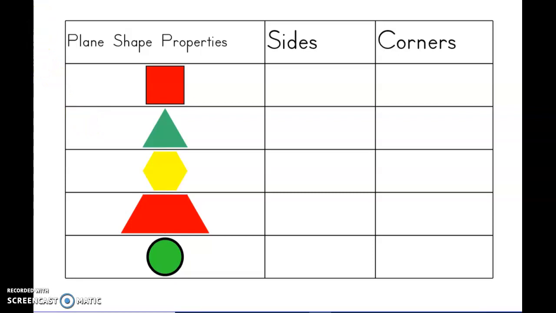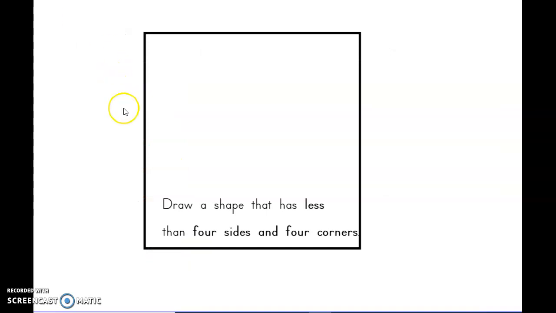Then you'll notice there are three more student pages for you to respond on this particular activity. And on the next three pages, you're going to see something that looks like this. Well, it looks exactly like this, where it is a square and then it's giving you a rule to follow to draw a shape. So this one, for example, says draw a shape that has less than four sides and four corners.